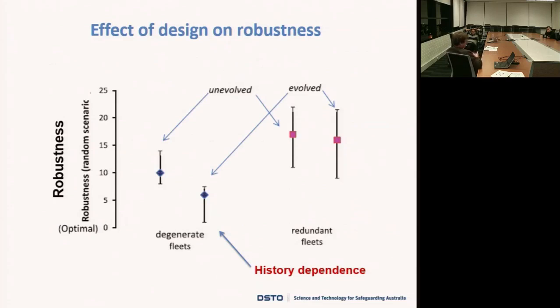We've also examined by changing the degree of degeneracy what the adaptability potential is, and indeed this network buffering somehow also contributes to the adaptability performance of those fleets. Now, here's one more graph.